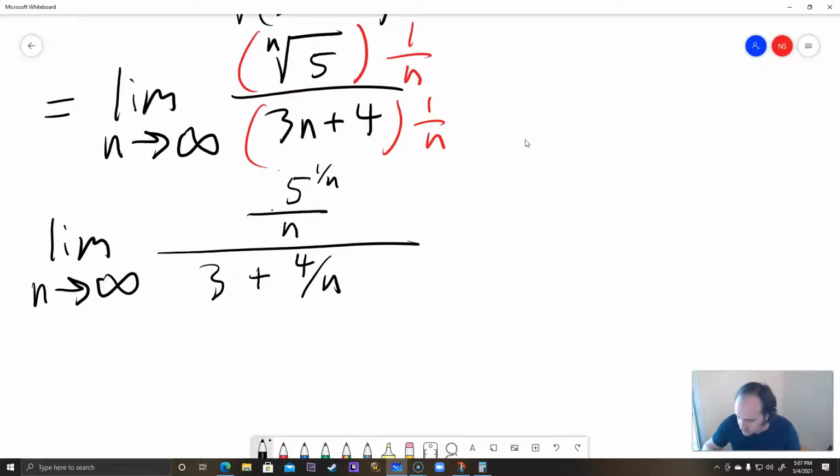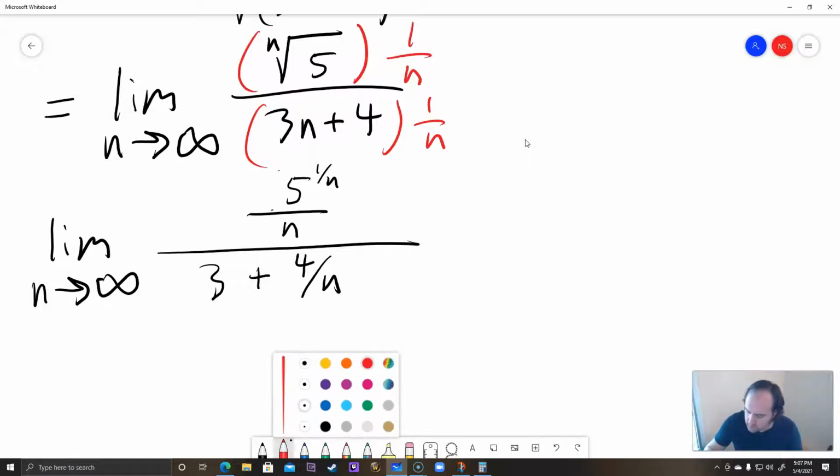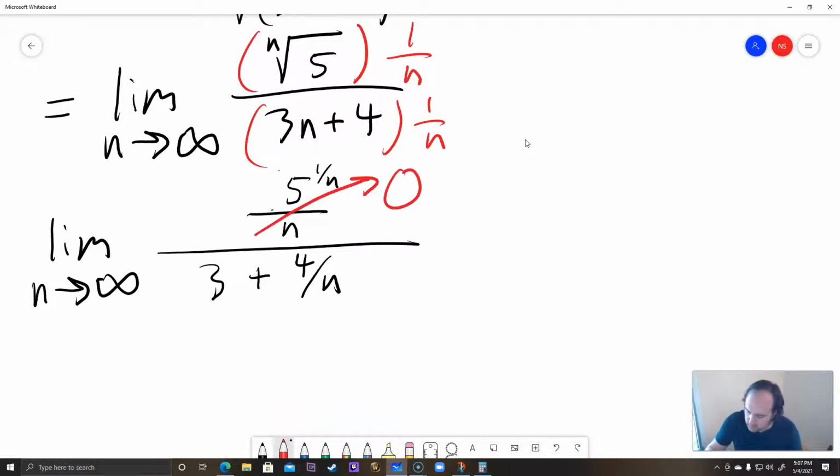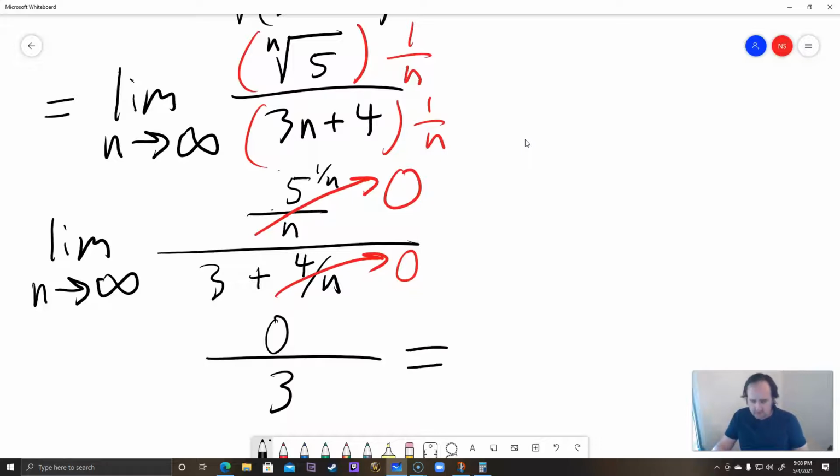So because the denominator is growing much more quickly, this is going to go to 0. And then in the denominator, 4 over n is also going to go to 0. So after we do the limit, we have 0 over 3 plus 0, which is 3. And 0 divided by 3 is 0.